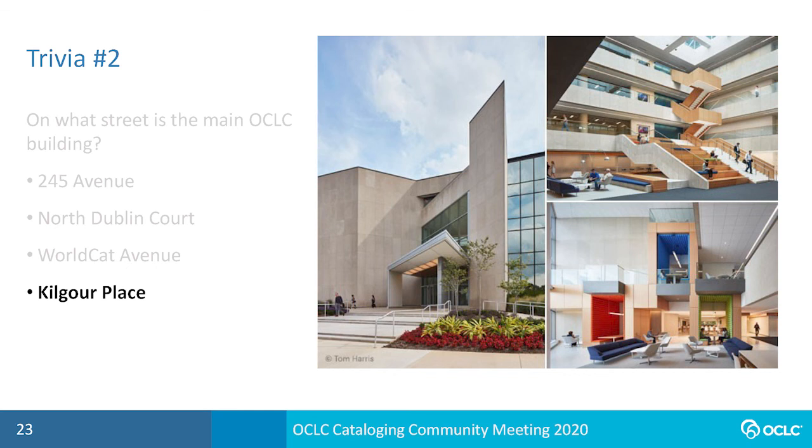If you said Kilgore Place, named after Fred Kilgore, then you are correct. As much as I'd like it to be 245 Avenue, it is not. But we did get a majority of answers for Kilgore Place. North Dublin Court was actually a good educated guess because we are located in Dublin, Ohio. So I like that one as well.